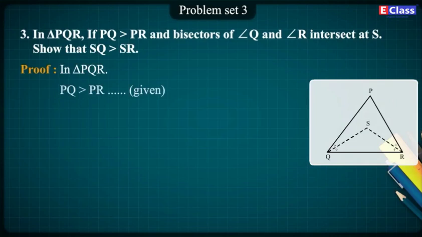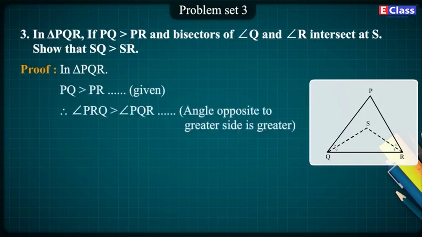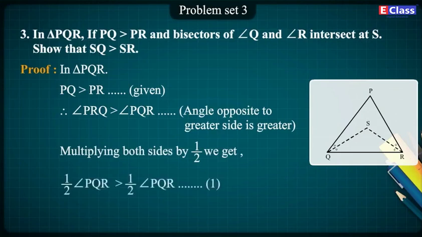Therefore, angle PRQ is greater than angle PQR, as angle opposite to greater side is greater. Multiplying both the sides by 1/2, we get 1/2 angle PRQ is greater than 1/2 angle PQR. Let us mark it as equation 1.